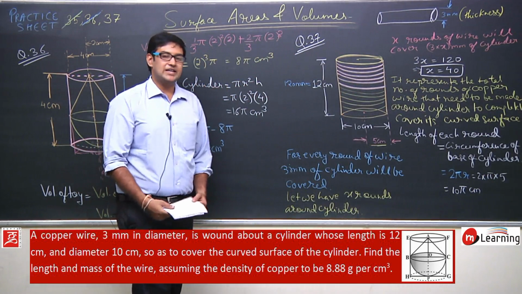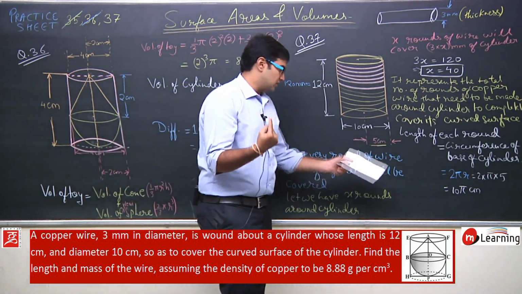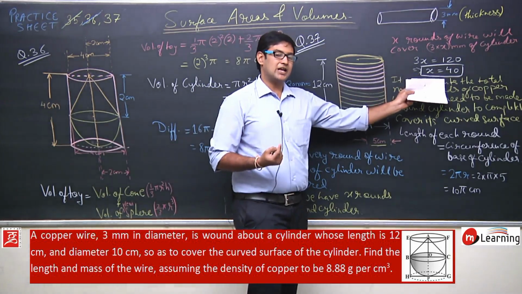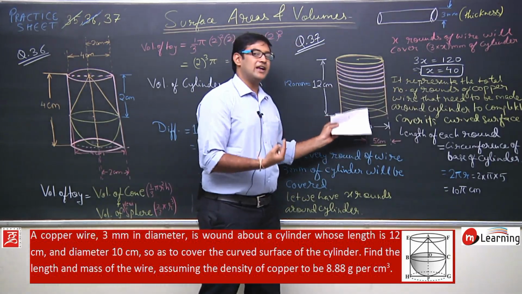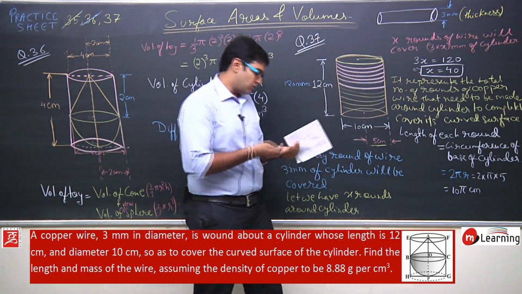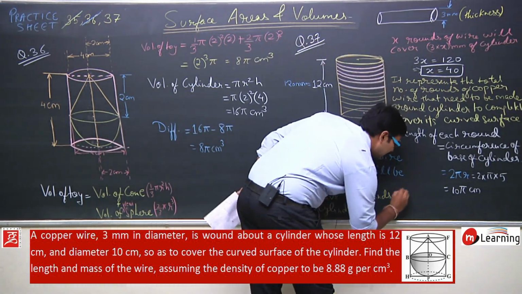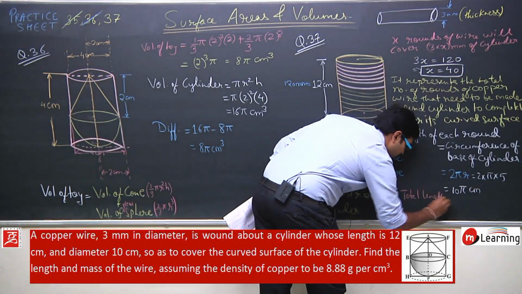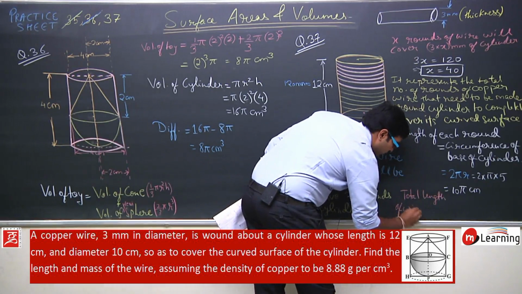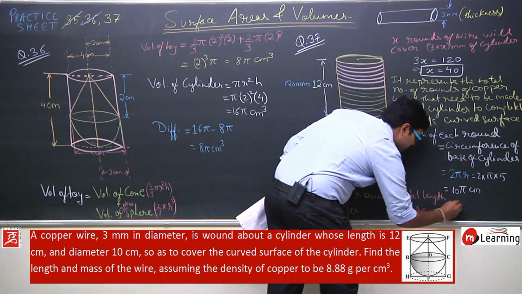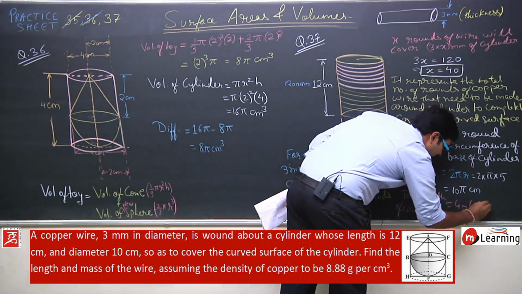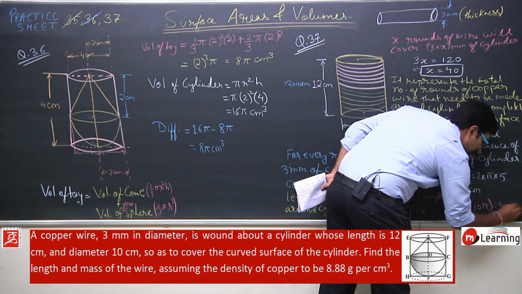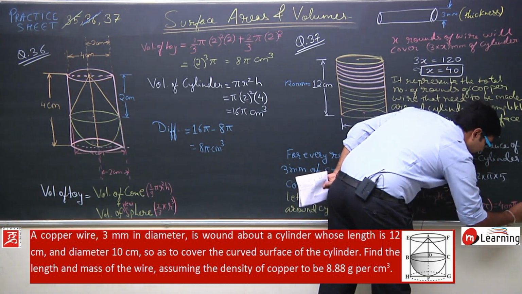Okay, 10 pi centimeters is the length of one round. Now I have 40 rounds because I have wound this wire 40 times about this cylinder. So total length of wire is equal to 40 times 10 pi, that is equal to 400 pi centimeters.